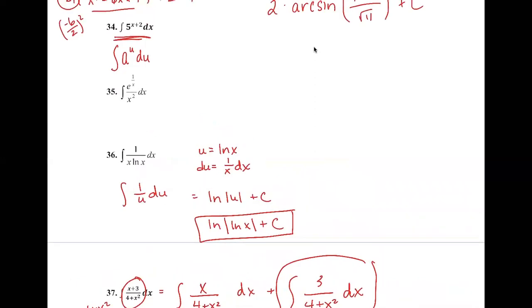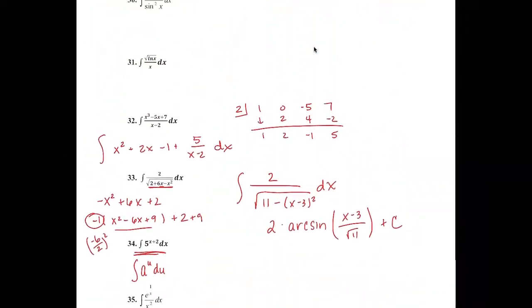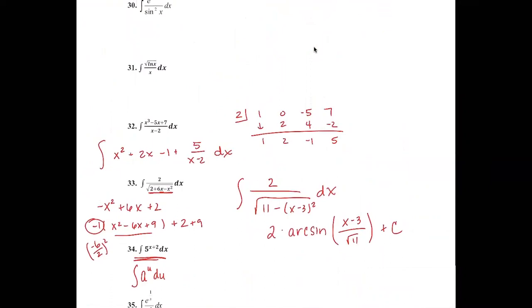I would like to look at 31. If you're looking at 31, where do you think you could start? With that square root. Okay, what would you do? Make it a 1/2. Okay, so I'm going to rewrite this as the ln of x to the 1/2 power times 1 over x dx. Does that help you figure out what you would need to do? Yeah.